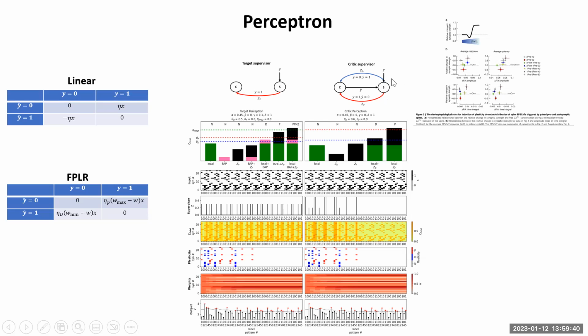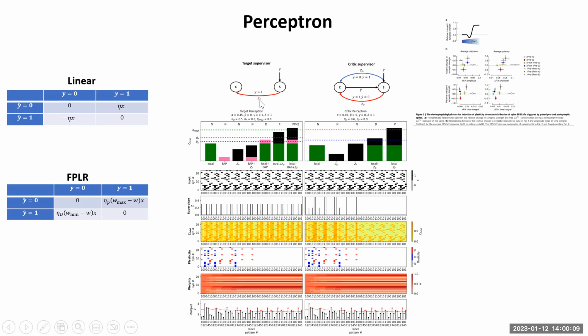I don't claim exactly how this circuit works, but you can imagine that the brain can do this sort of thing: it knows what the right answer is, and it also sees what this neuron is doing. Then it compares them and can tell you whether it was a false positive or false negative. If you use this kind of circuit, it's possible to implement the perceptron using the normal calcium thresholds.